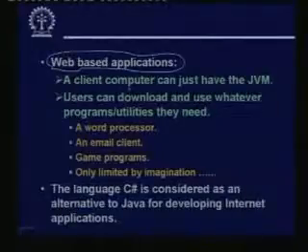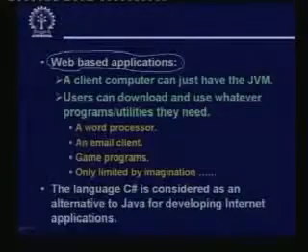The client computer from where you are accessing the internet can have just the Java virtual machine. It can be your computer, or a small handheld iPod kind of device which has the capability of connecting to the internet and downloading Java applets. In fact, some of today's mobile phones also have the capability of downloading Java applets.